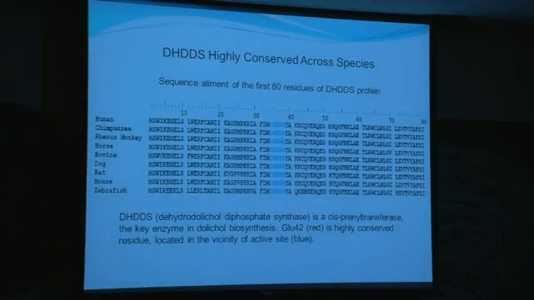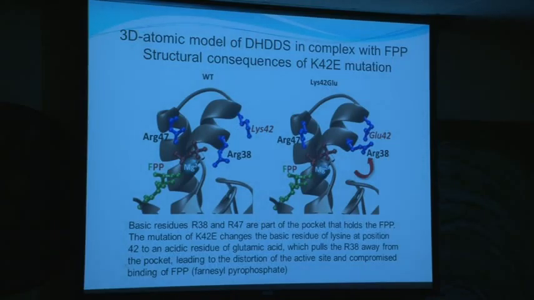DHDDS is highly conserved. If you look at this diagram, this is the DHDDS sequence, and you can see that the 24 position is highly conserved, and the bluish area is basically the active site. This is a 3D anatomical model of the DHDDS, and this is the wild type to the left, and this is the K24E.